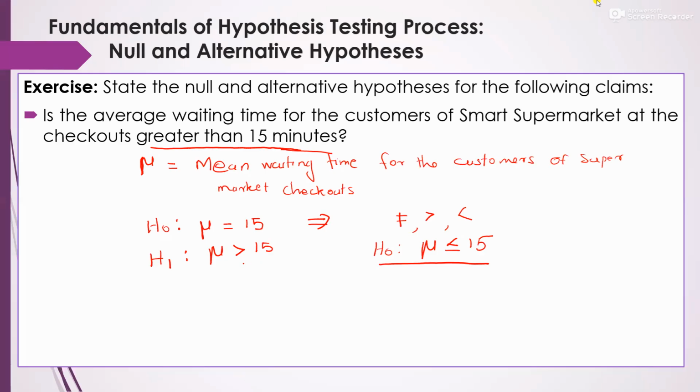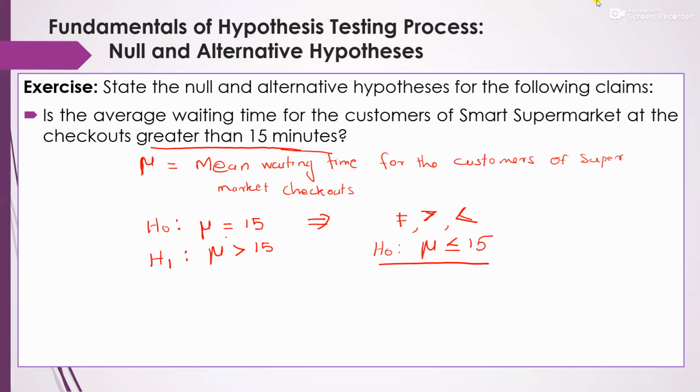If we have a directional hypothesis, meaning the alternative has a greater than or less than sign, then the null hypothesis can have the equal sign, and the other part also. Right? If you have a greater than sign, then you can write this one as 50, but this is also okay.